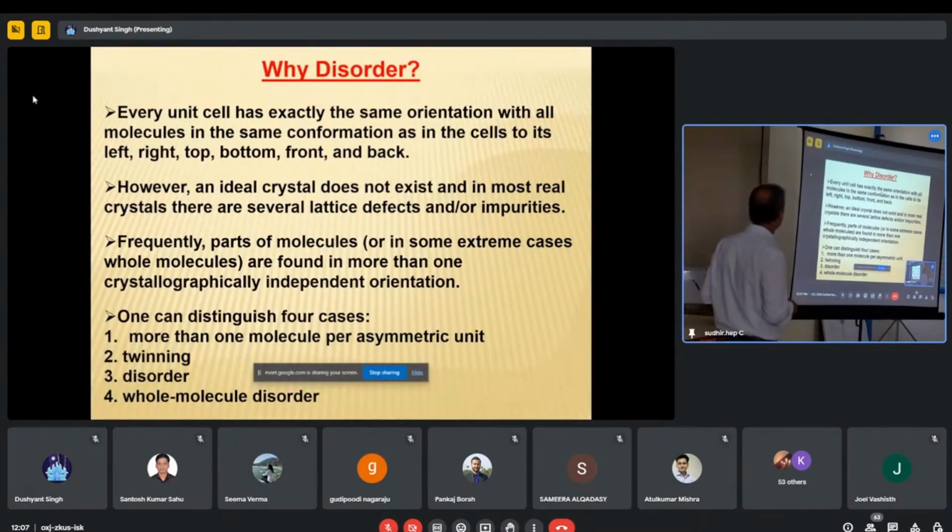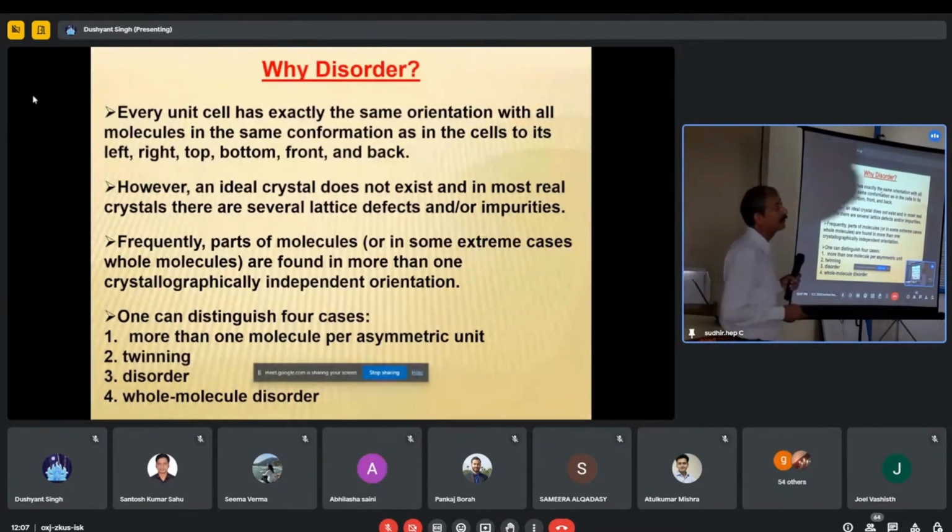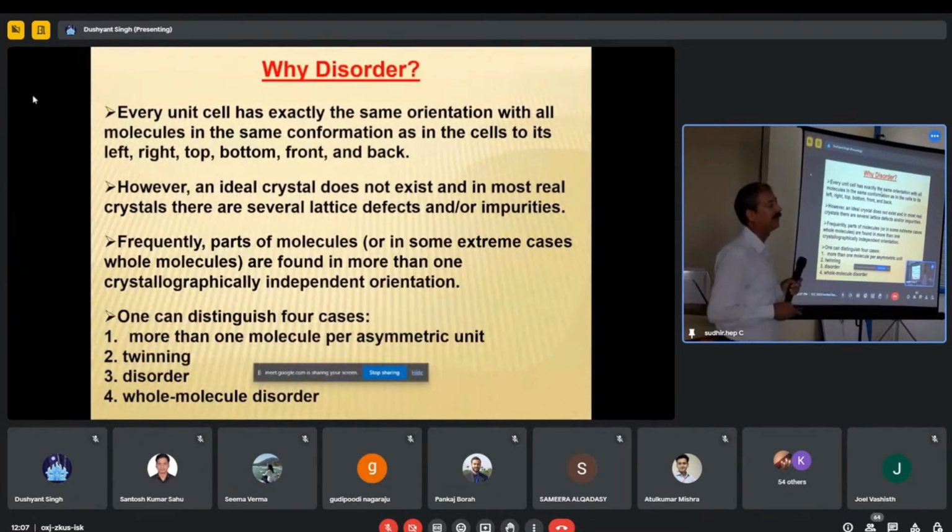One can distinguish cases with more than one molecule per asymmetric unit. They are those molecules which are not sitting on any kind of symmetry. If there are 4 molecules in a unit cell and all 4 are independent, then you have to solve each molecule differently. If they are related by some kind of symmetry, then you are only bothered with one molecule.